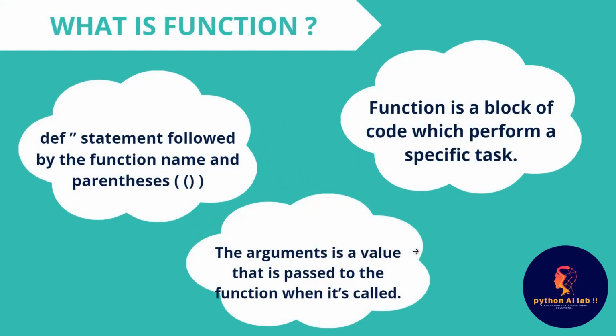So what is a function? A function is nothing but a block of code, as we have seen in our last topics like loops and decision making. उसकी तरह ये भी एक है, एक specific task perform करता है, एक specific block of code होता है जिसको हम function बोलते हैं.